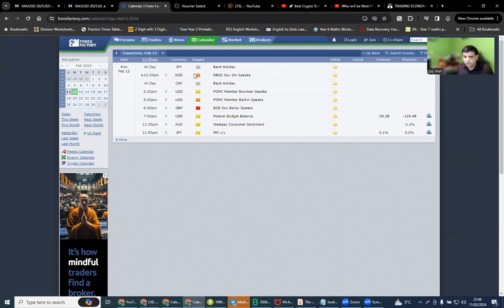So tomorrow we have JPY bank holiday and Chinese Yen has bank holiday, and we got heavy impact on GBP, mid impact on US dollar, 5 p.m., which is UK time.